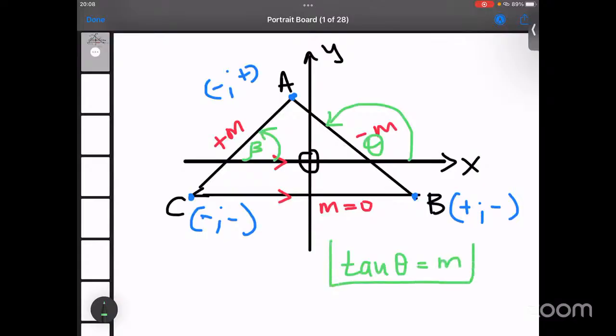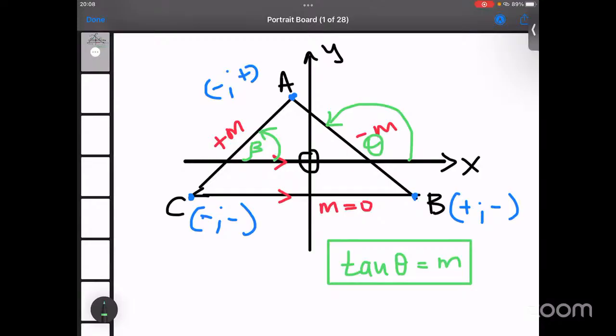So that means to calculate that angle, you will need to know what the gradient of that particular line is. If we are looking at the angle of inclination of line AB, that would mean it is that angle theta that you'll be calculating, where you will need to know the gradient of line AB. Then if we talk about line AC, that would mean it is that angle beta, where you will need to know the gradient of line AC.